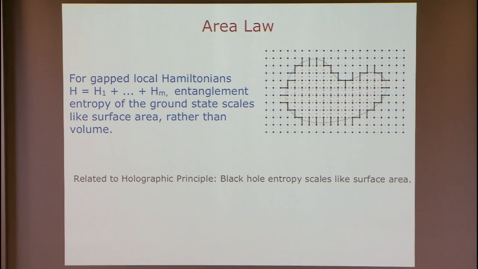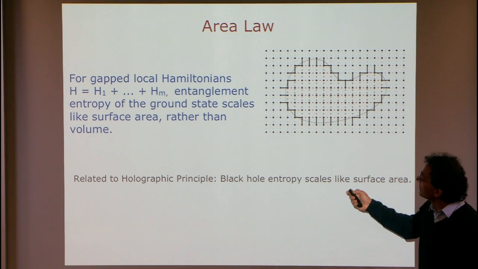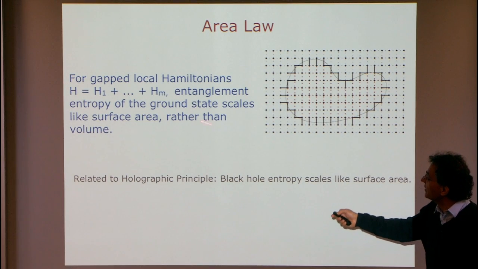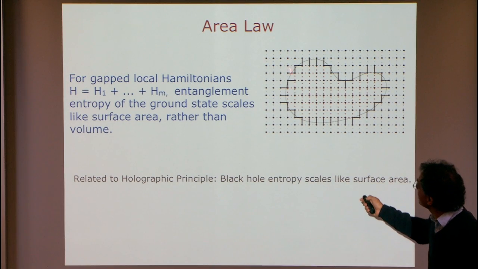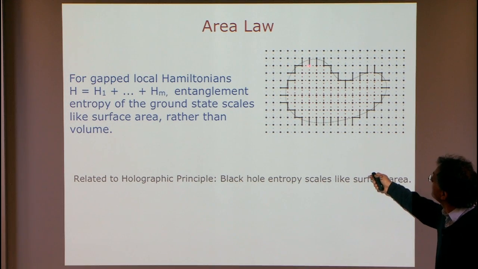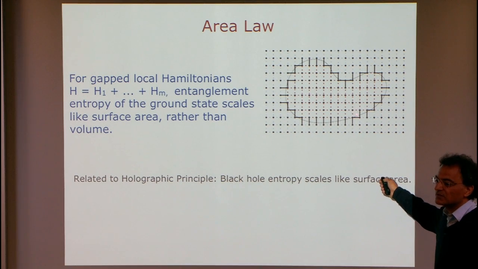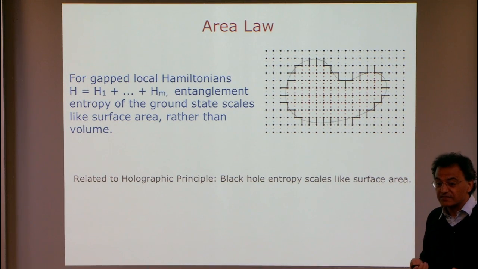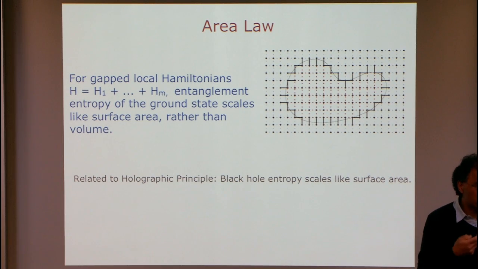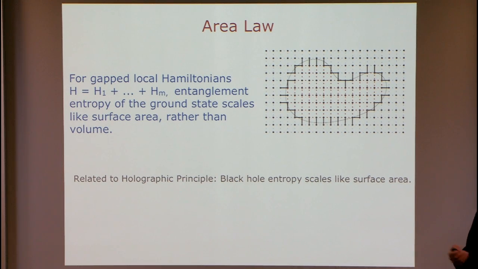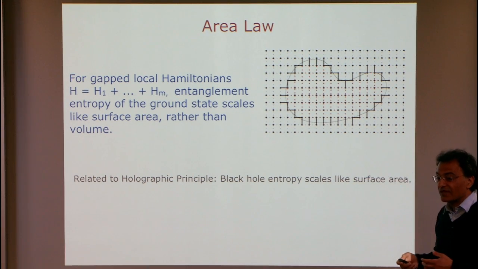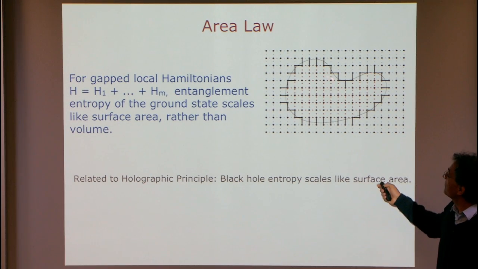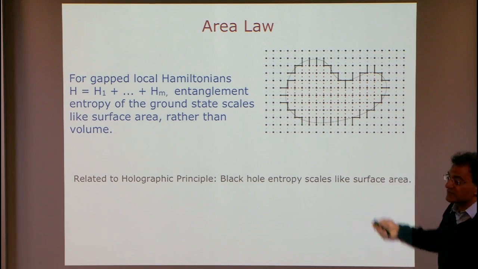Even though this is a beautiful sweeping conjecture, and by the way, I should say one other thing about this conjecture. Even though precisely stated, it's only talking about the entropy scaling like the surface area. Morally, it says more. What it's really saying is that the entanglement really sits close to the boundary. It's local, and so if that is the case, then you should expect to get a succinct classical description where you describe the quantum state by describing the entanglement at the boundary, and then once you describe the entanglement, you're free to describe the quantum state inside and outside sort of separately.